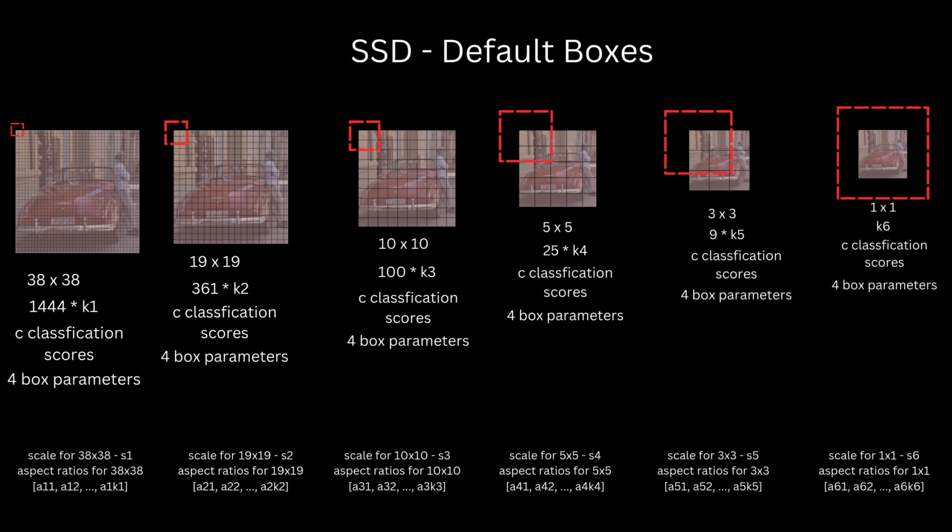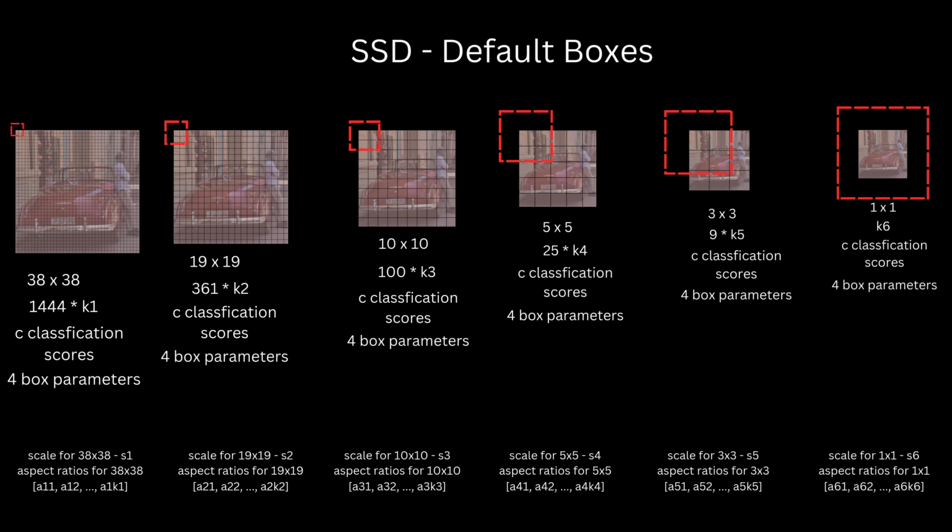The other convolution layer, which will be the transformation prediction for default boxes, will have the same output channels as the number of default boxes at each cell times 4, to predict the 4 transformation parameters for each of the default boxes. Now let's see what the exact values of S1 to S6 and aspect ratios are.